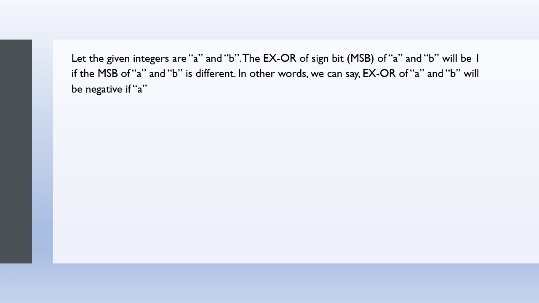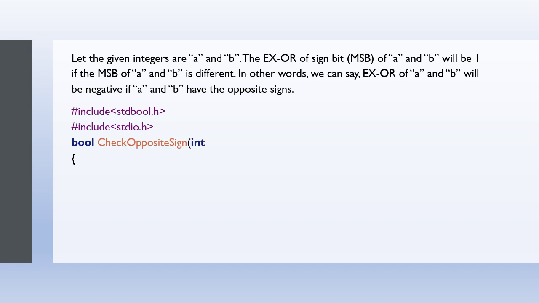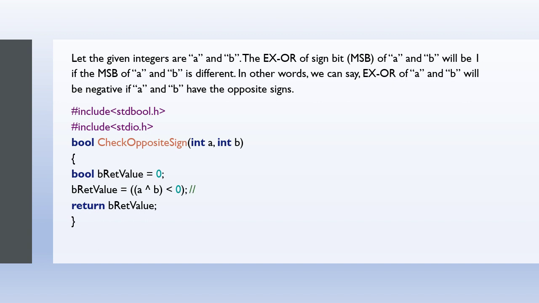We pass int a and int b. bool b return value equals 0. Then b return value equals (a XOR b) less than 0. That is, if a and b have opposite signs, return b return value. This is how we check for opposite signs.